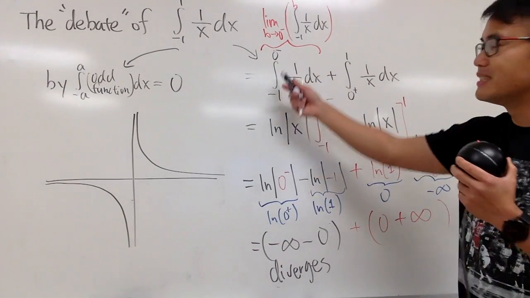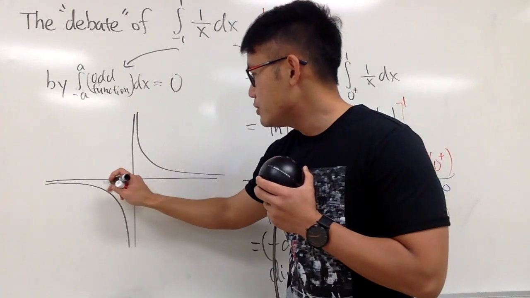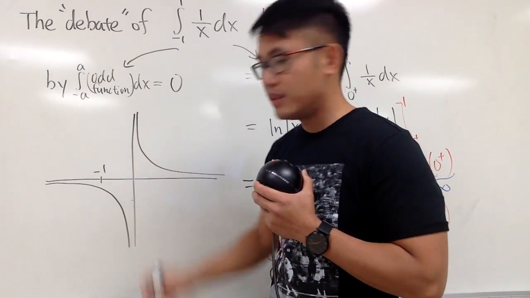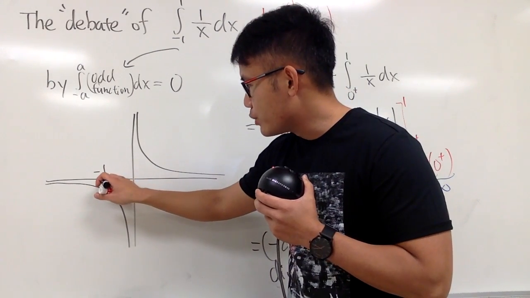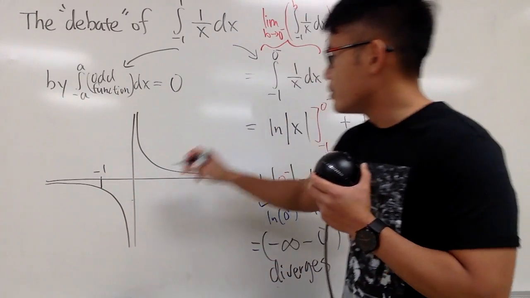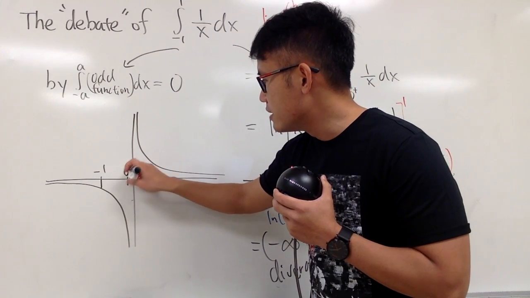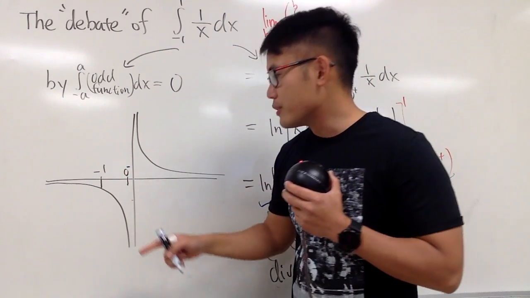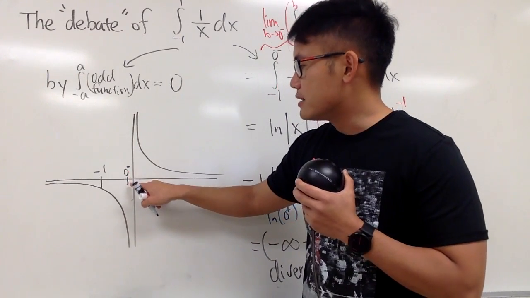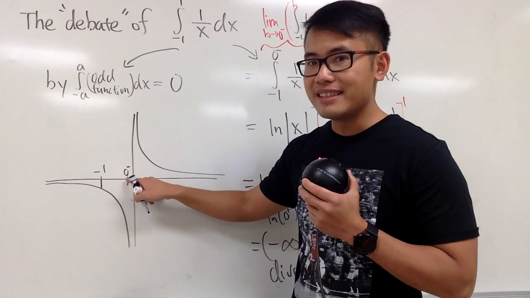Okay, let's talk about this piece first. We want to go from -1 to 0 minus. And let me just say this right here is -1. And I want to look for the area on the curve. So we make a mark right here. And then we have to go to 0 minus. So I will just mark it here, say this is 0 minus. And you all know the idea. This 0 minus means that I want to have a number that's toward 0 from the left-hand side, right?